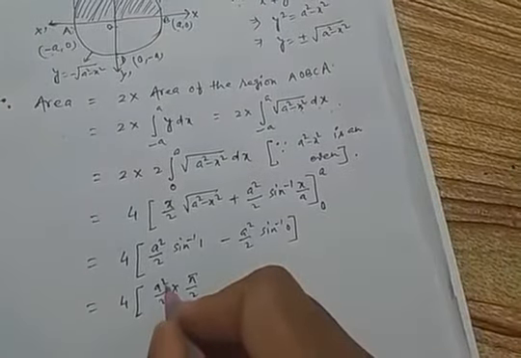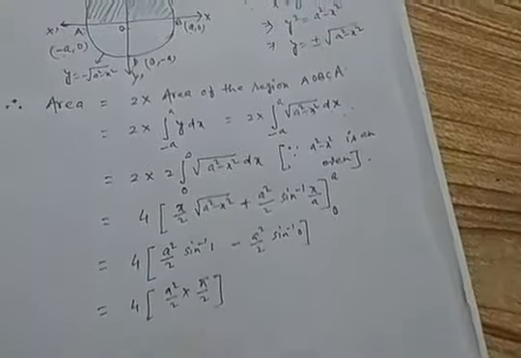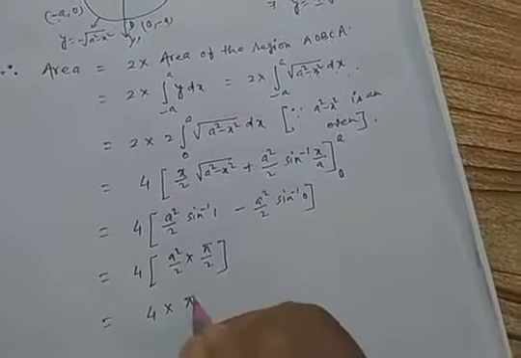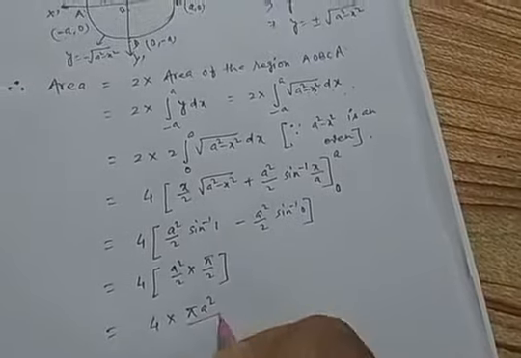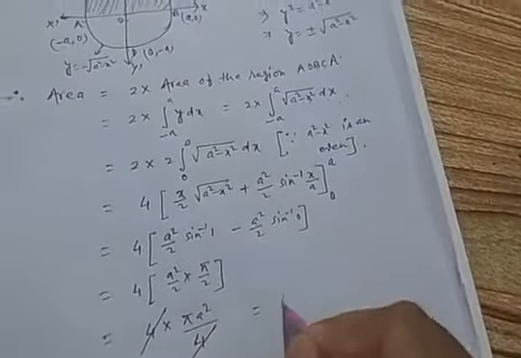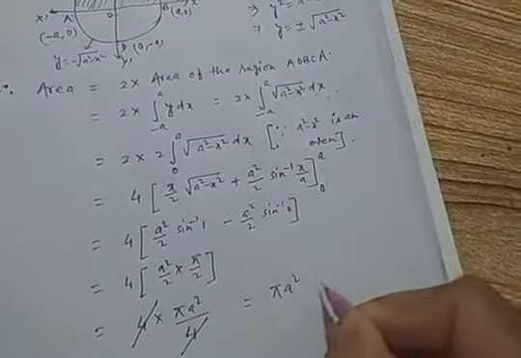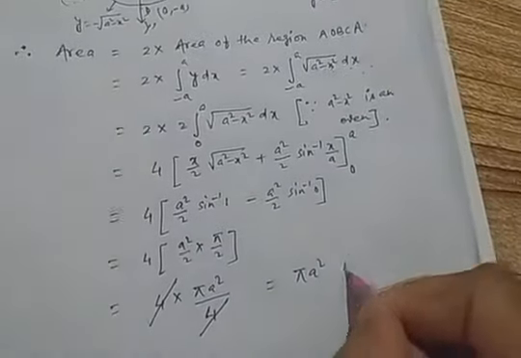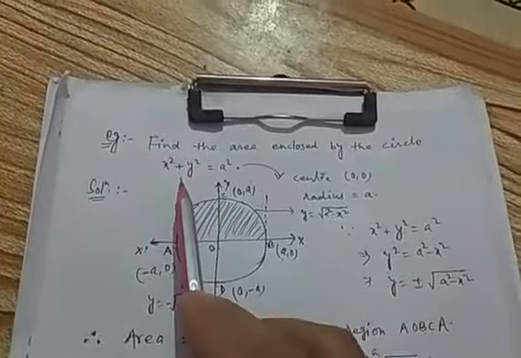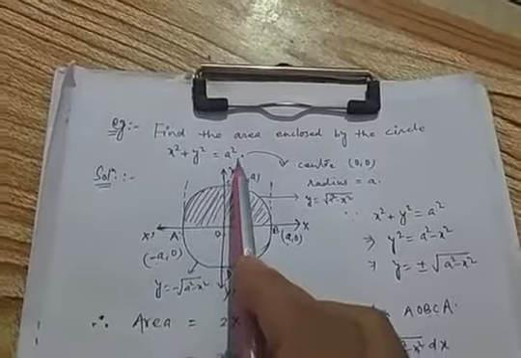So here we get pi a square by 4, is equal to 4 into pi a square by 4. This 4 and this 4 will be cancelled, so it is equal to pi a square, which is the required area of the region bounded by the circle x square plus y square is equal to a square.